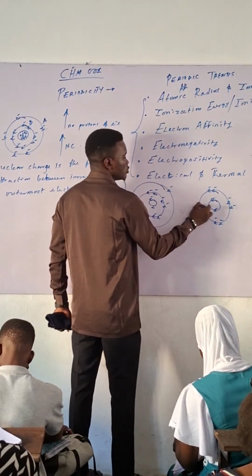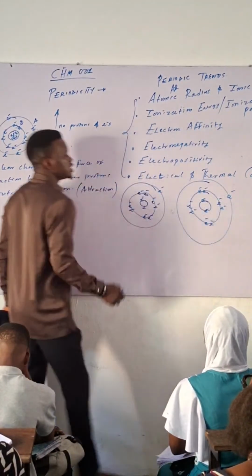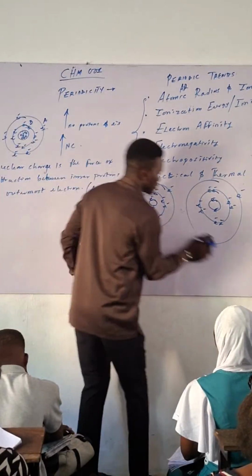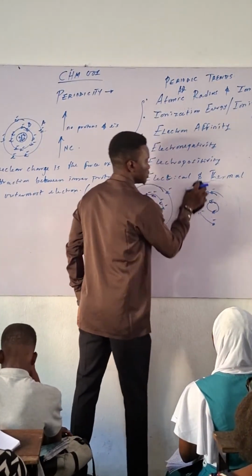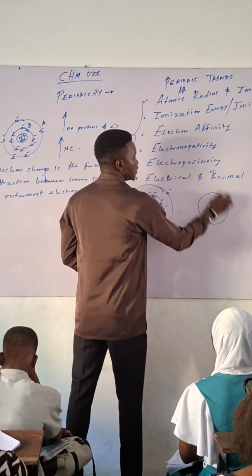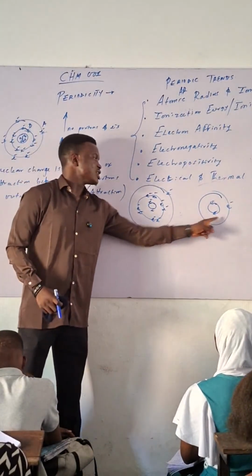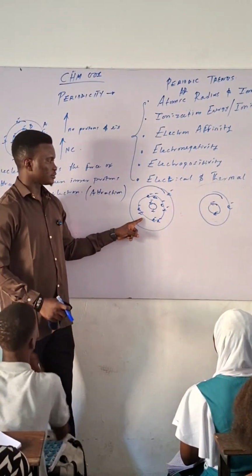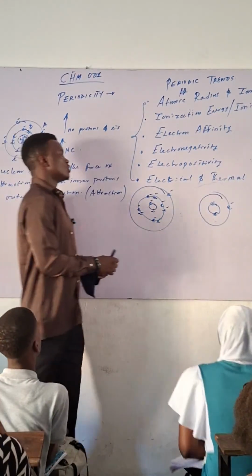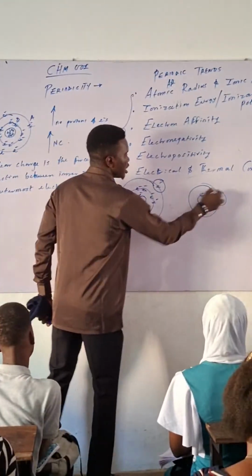Then I can also have 1 electron here. Looking at this guy and looking at this guy, the two of them both have one electron.